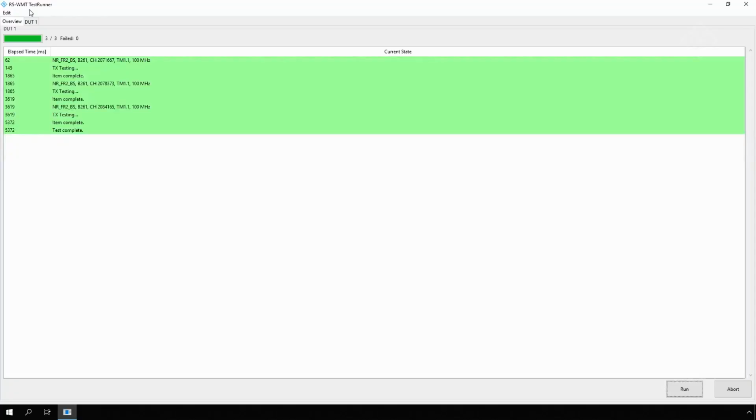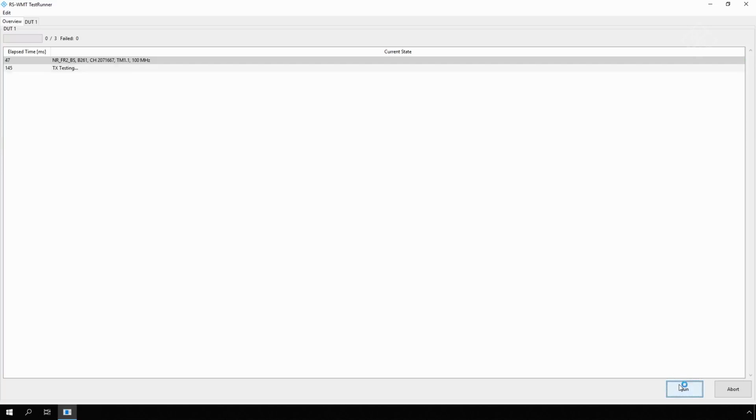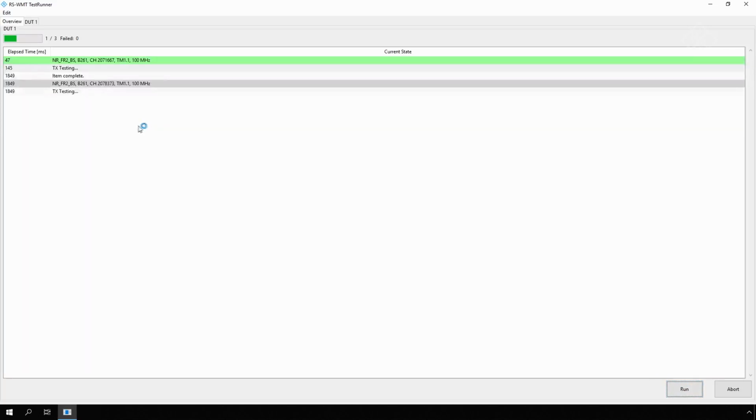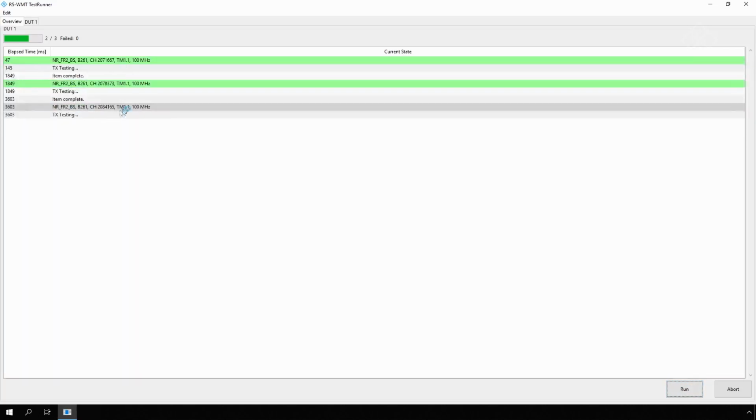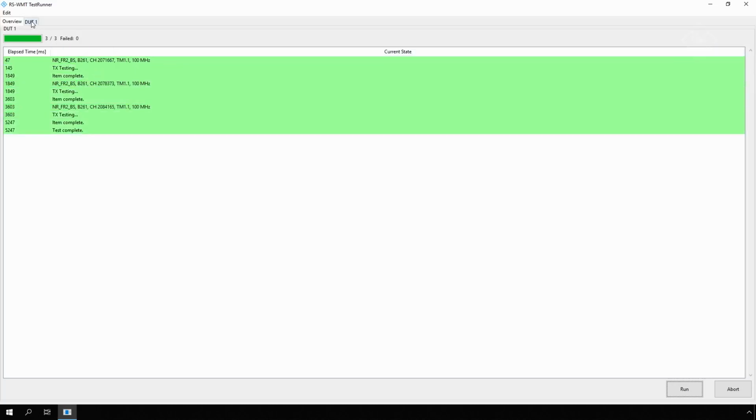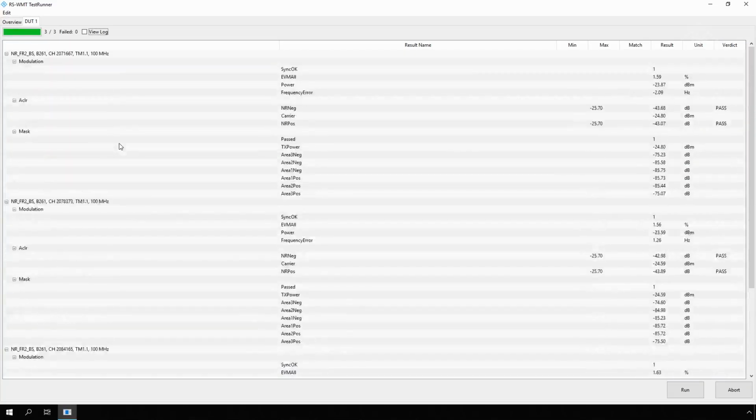I have created a test plan in WMT for the 3GPP test case 1.1. We are testing band 261 with a bandwidth of 100 MHz for the low, mid and high frequencies of the channel. So we are gathering our measurements. We are testing for modulation, which determines the quality of the signal.